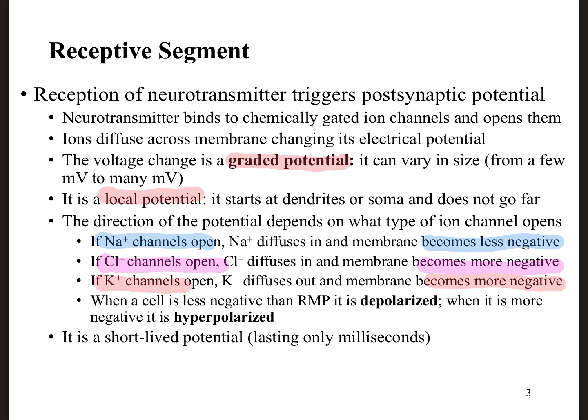So how are graded potentials used in the impulse generation of a neuron? Typically, neurons do not have just one input. Neurons are targeted by dozens, hundreds of other neurons. Okay? So they're not alone in space.